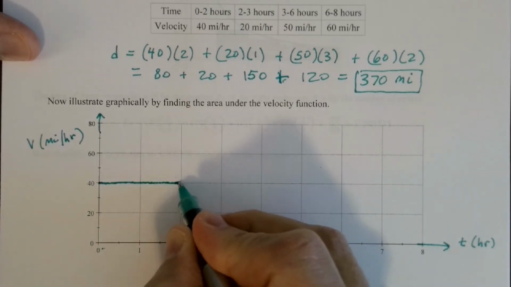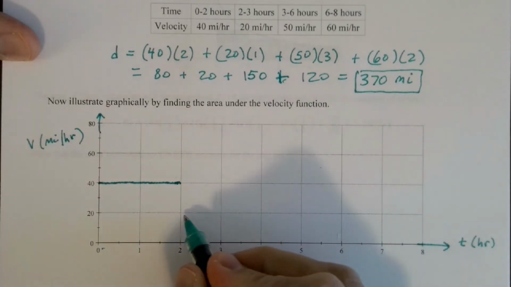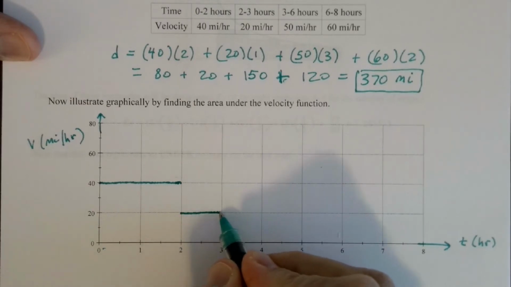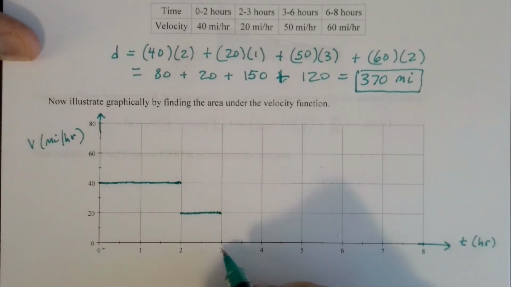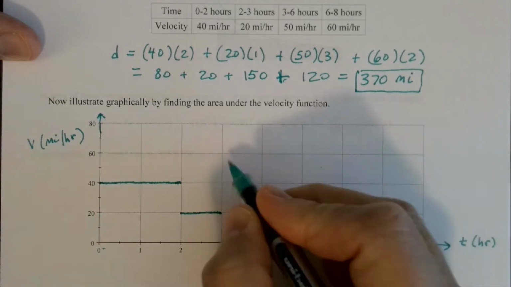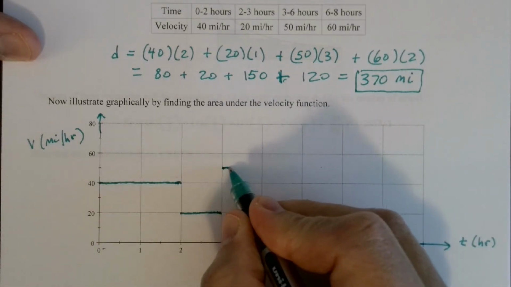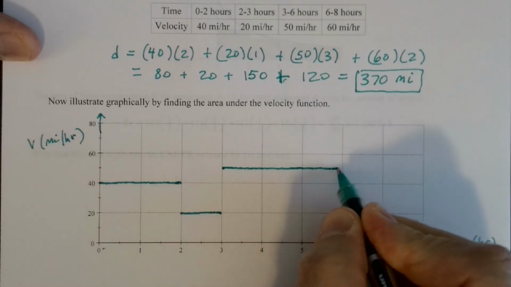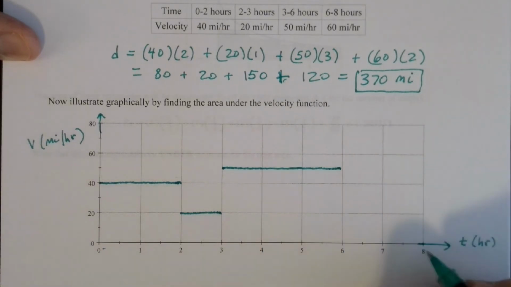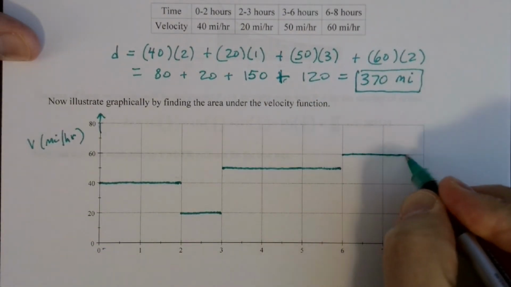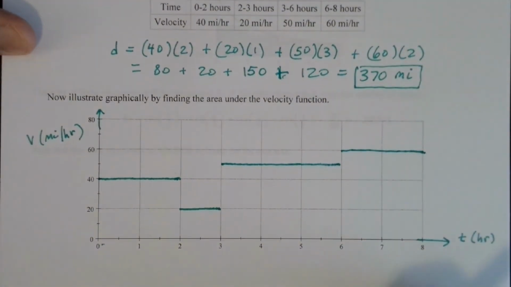And then from 2 to 3 hours, we're at 20 miles per hour. And then from 3 to 6 hours, we're at 50 miles per hour. So here's 40, 60, 50 is halfway between. And then from 6 to 8 hours, we're going 60 miles per hour. And so here's what the graph of the velocity function looks like.